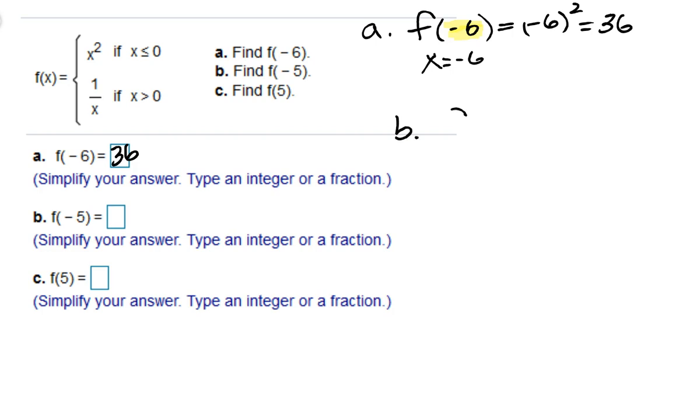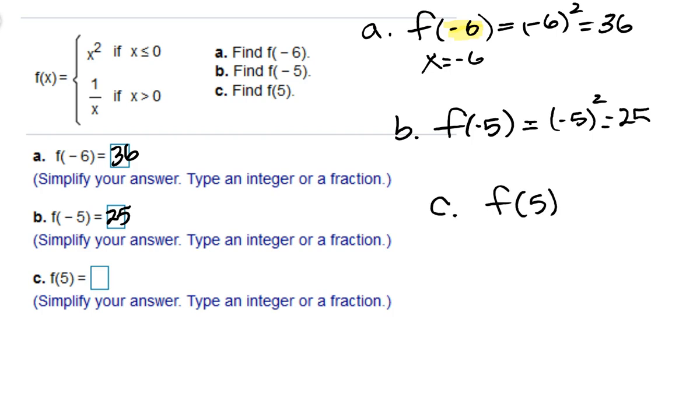Part B, f of negative 5. So in my conditions, negative 5 is less than or equal to 0. So once again, I'm going to use that first equation to work this out. Negative 5 squared would be 25. Part C, find f of 5.